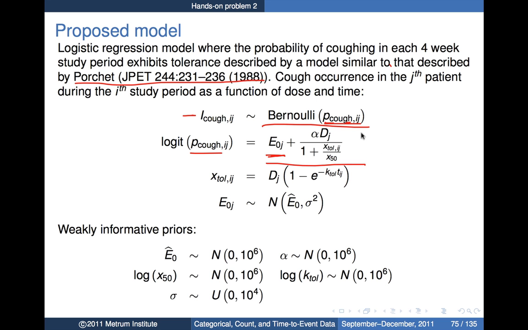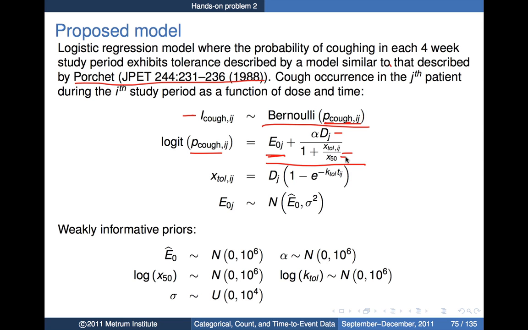We could get a bit more sophisticated, I suppose. And then what we've got is a model where the logit of that probability is linear with respect to the dose, except that it's further adjusted by a term down here to account for the tolerance. And we've got a couple terms here.